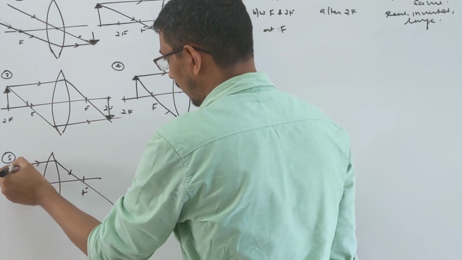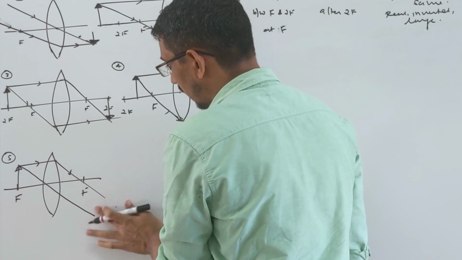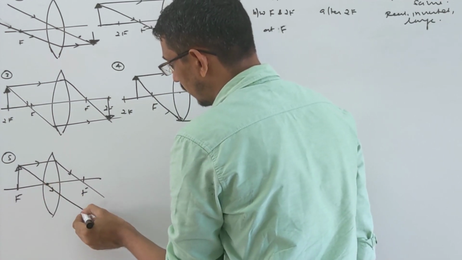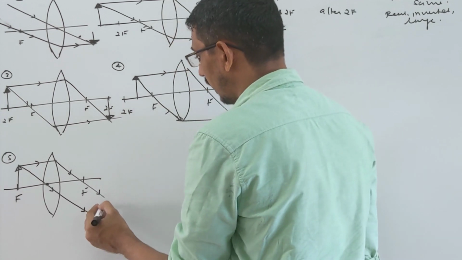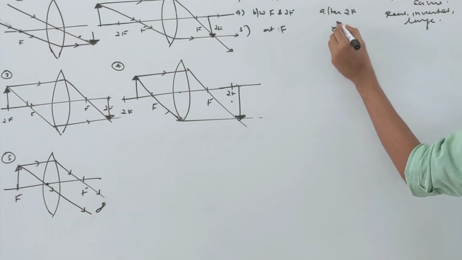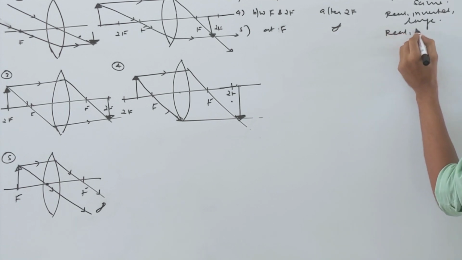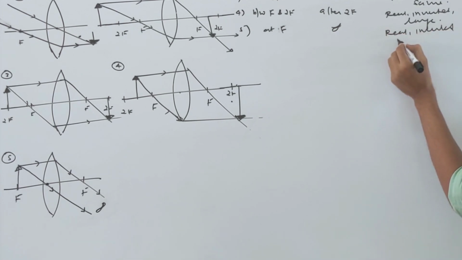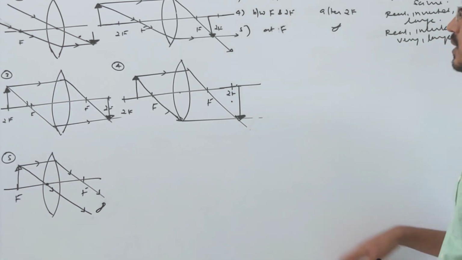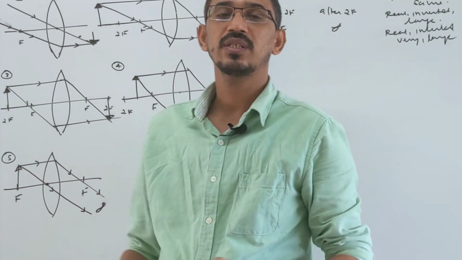Or a ray passing through the optical center will pass straight. So these two rays become parallel. So they will meet at infinity only, right? So the image will be formed at infinity, real, inverted and very large, correct?